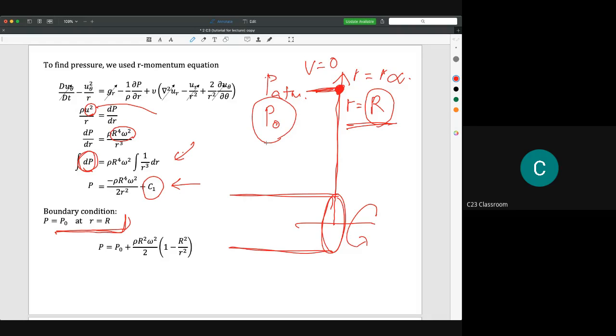So we substitute here: P is equal to P naught at R equal to capital R, at a certain value of R. Then we could get the pressure is equal to this one.